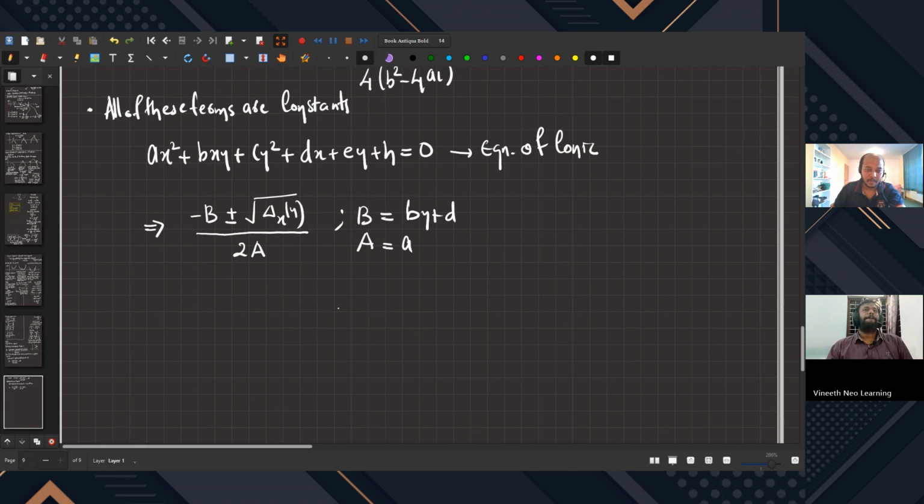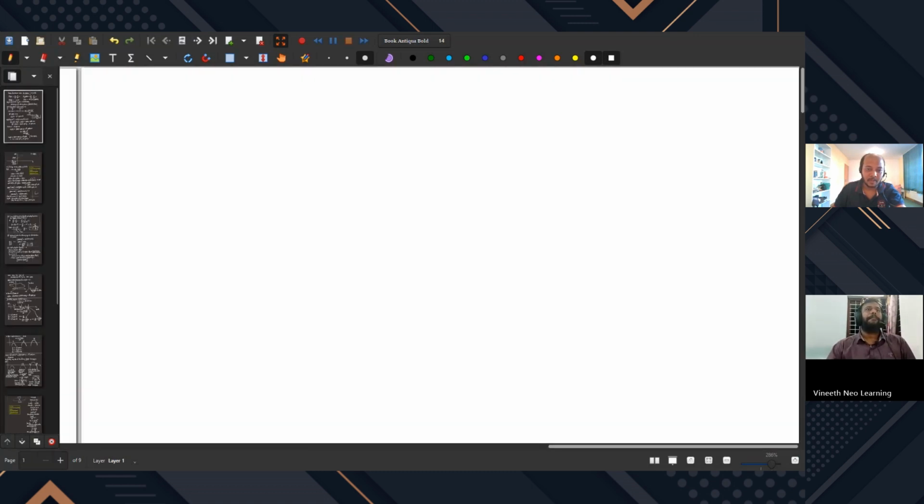From there we found that the x value was equal to negative b plus or minus the root of delta x of y, divided by 2a.